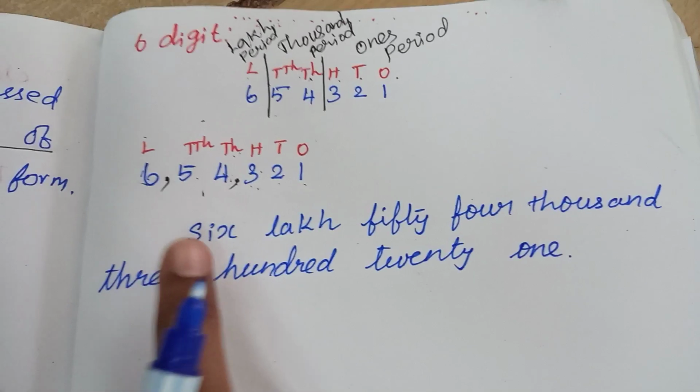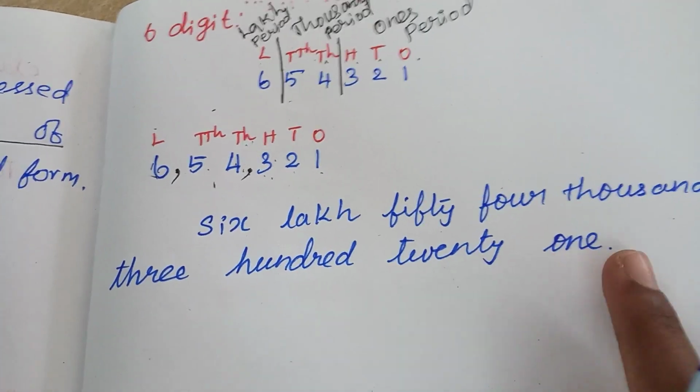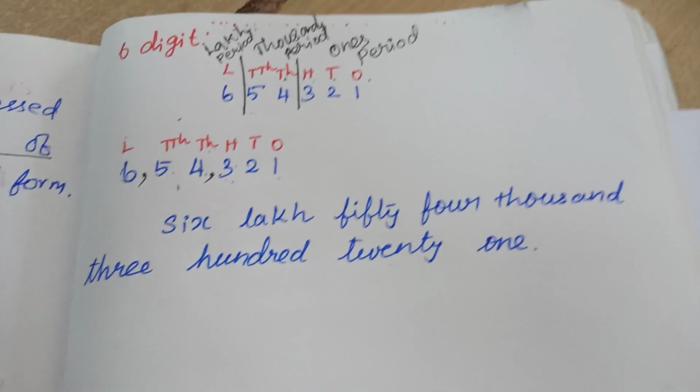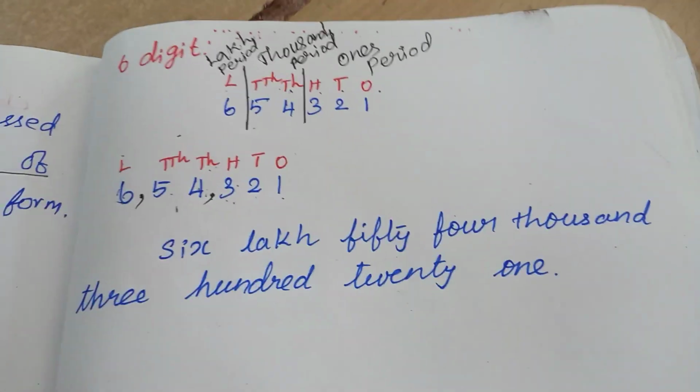So this is the way you write the number names for a 6-digit number. Do you have any doubts in the place value for 6-digit numbers? Okay.